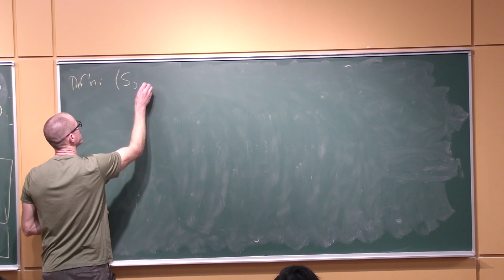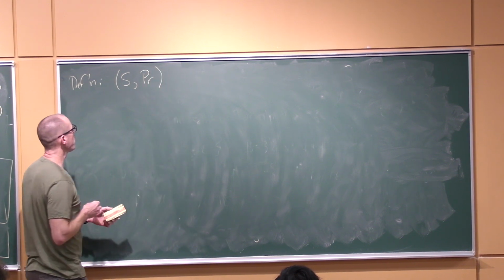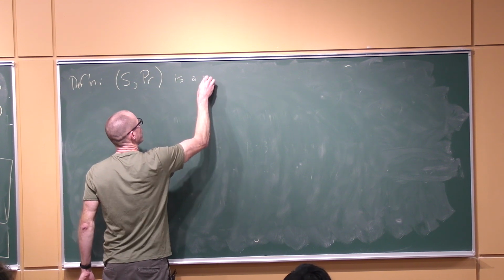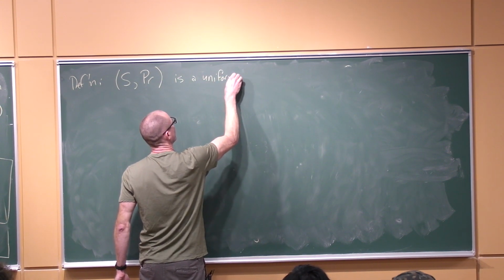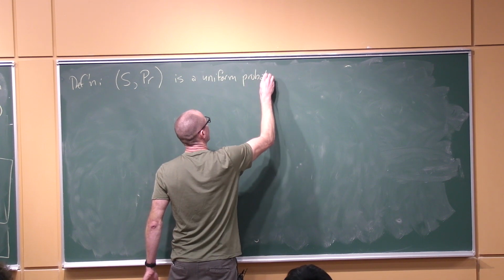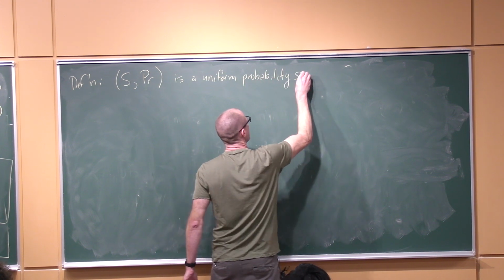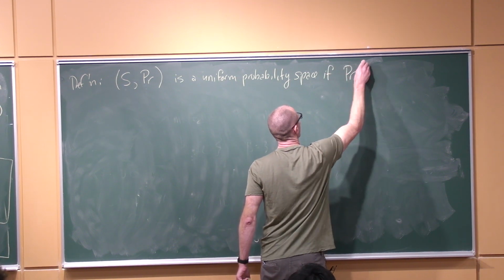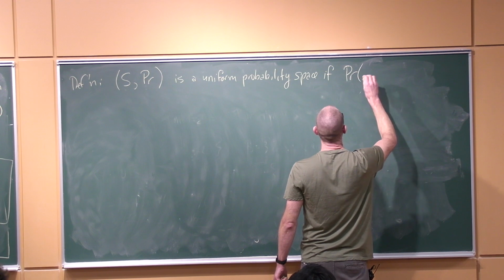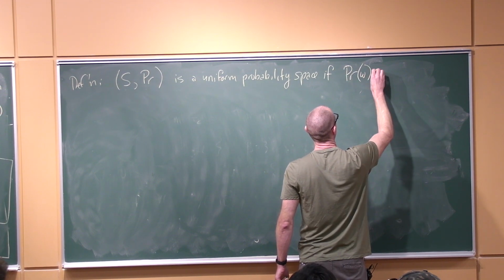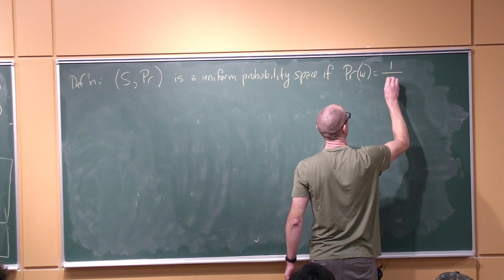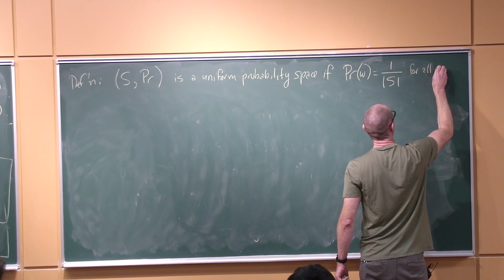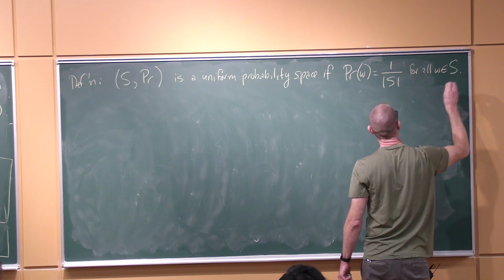We'll say that S, a probability space, S with Pr, is a uniform probability space if the probability of w is equal to 1 over the size of S for all w in S.